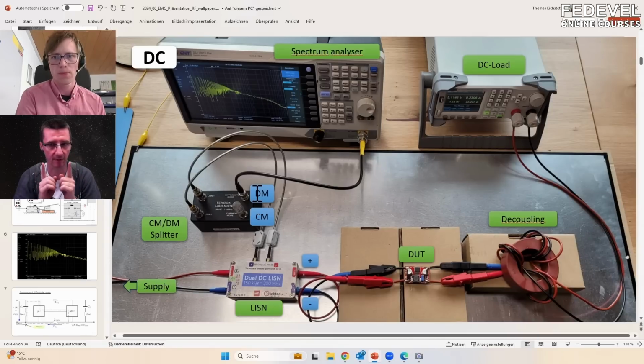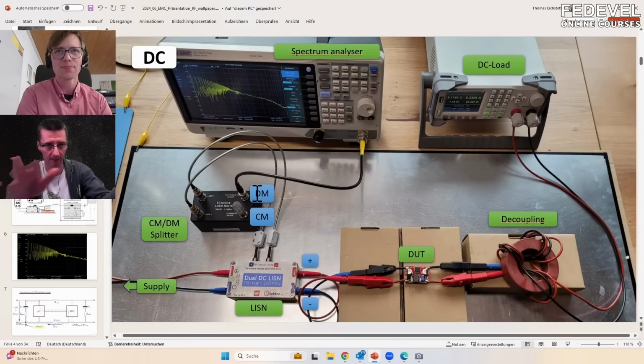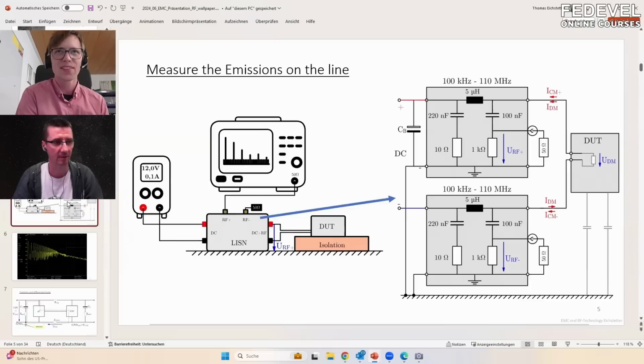So I think this is what is very important to explain. So this differential, that's the kind of noise between plus and minus, yeah? Right. And the common mode is then the difference between the plus and the big ground plane, or minus and the ground plane, or? Yes. So here you can see it also with the currents.